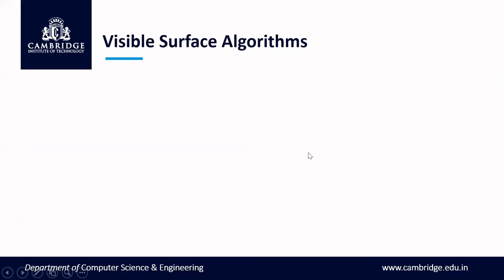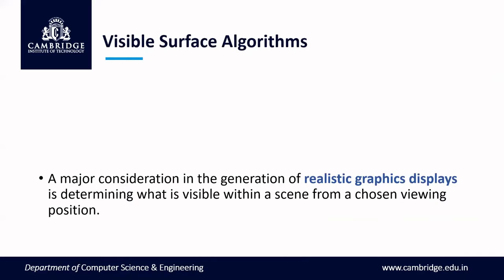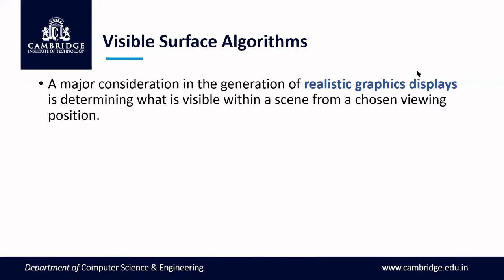Now we'll see the visible surface algorithms. What are visible surface algorithms? Obviously a major consideration in the generation of realistic graphics displays is determining what is visible within the scene from a chosen viewing position. I should be careful that it is from the chosen viewing position. Based on the viewing position, the visible surface will change.